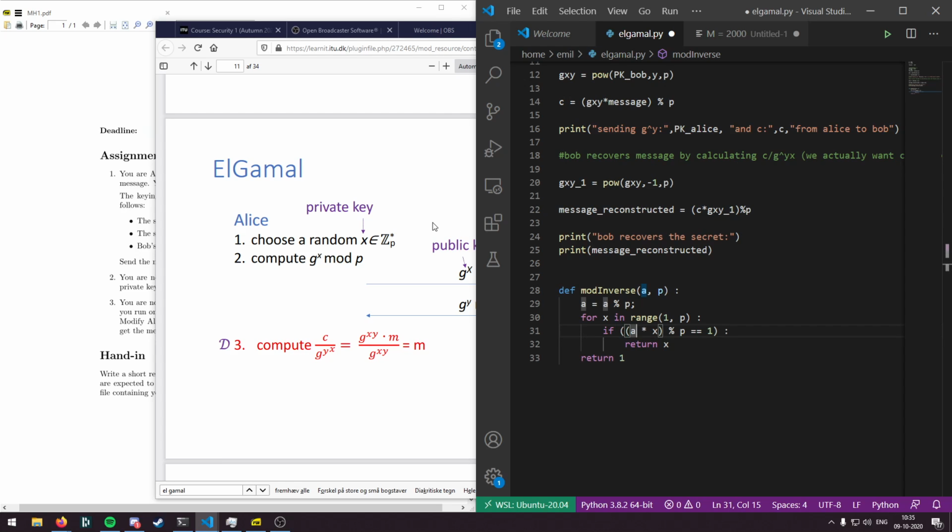Lorenzo, do you know if there are more efficient ways than just trying all the numbers in the group? Just a second, I can share with you. Okay.